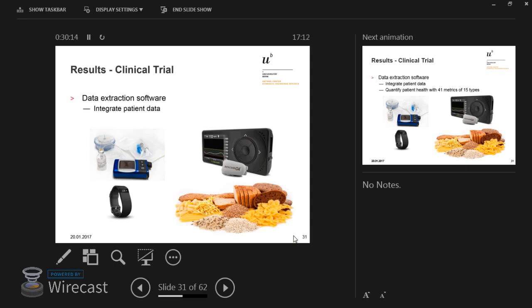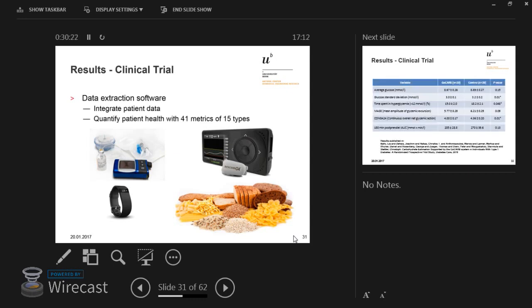So once we have integrated all this, we still need to run some calculations and find some measures of the patient's health. And for this, I implemented a whole lot of them. So we had 41 different metrics of the patient's health. And all of those, you can group them in about 15 different types, depending on what they measure.